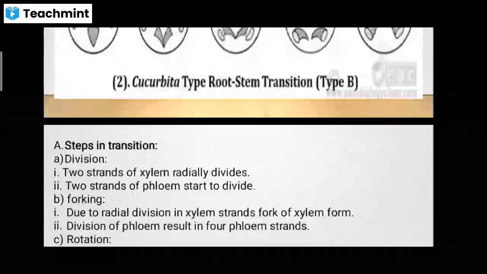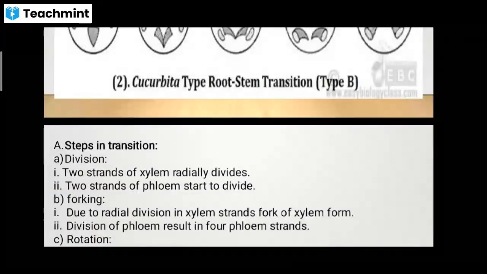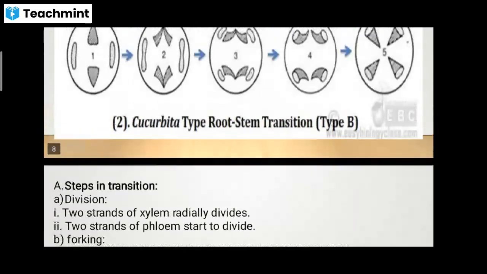Then, after the division, the second main step is the forking step. In case of forking, due to this radial division which takes place in the xylem strand, two forks of the xylem strands will be formed, and from the division of the phloem strands, four different phloem strands are formed.